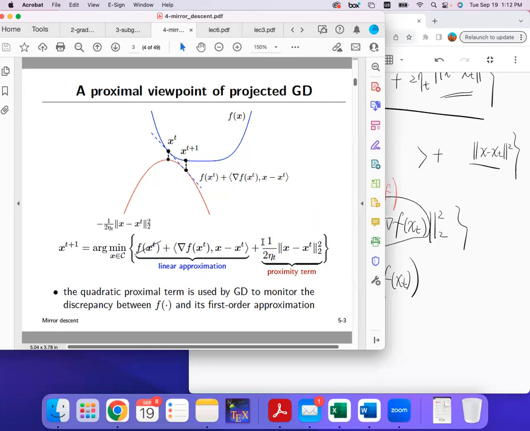So the key question here is, what other distance metrics can we use for the third term, for the proximity term? And what is the motivation to use other distance other than this L2 norm?